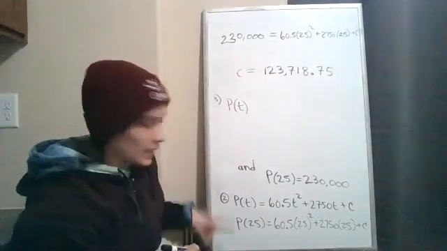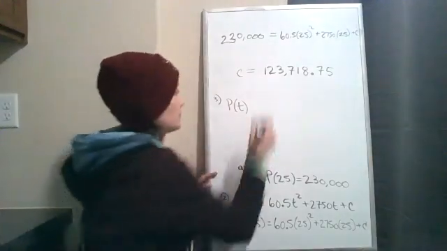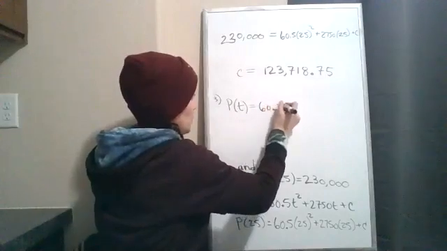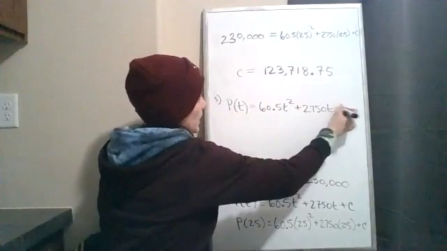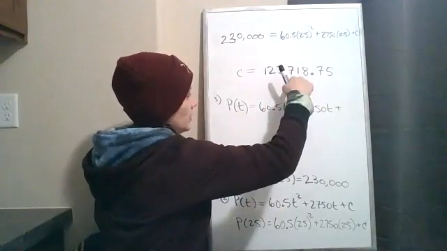Final answer is 60.5 t squared add 2750 t add this number.